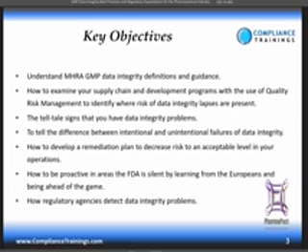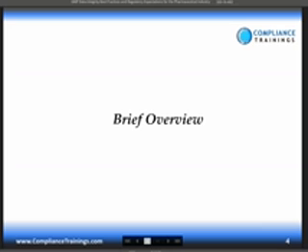Also telling the differences between intentional and unintentional failures. A remediation plan can be developed to decrease risk. Also, how to be proactive in areas the FDA is silent by learning from the Europeans and being a little bit ahead of the game, and how regulatory agencies detect data integrity problems.